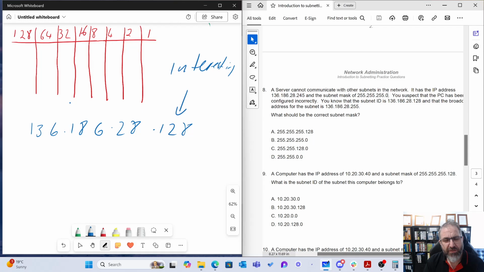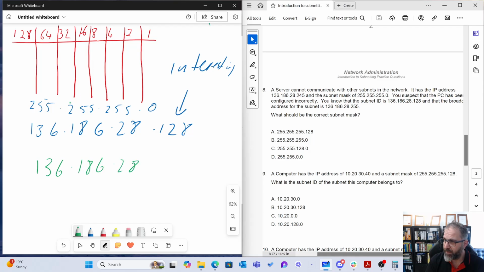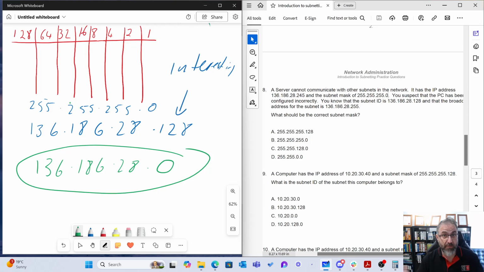Isn't that usually a 0? Interesting. The subnet mask that's been given to us is 255.255 and 0. If that is true, then this should be the network ID, the sub ID. That should be the answer to that. That should be, but it's not. That is the correct subnet ID. That's the correct one. Okay.